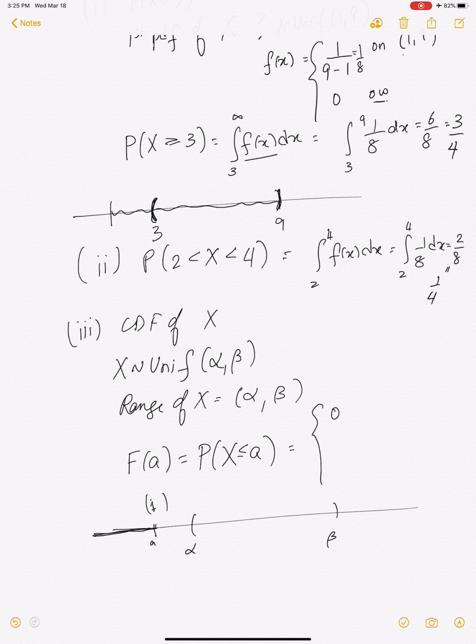Now suppose in case 3, a is bigger than beta. What's the probability x is less than a? You know x is always between alpha and beta, so if a is bigger than beta, this will be 1.